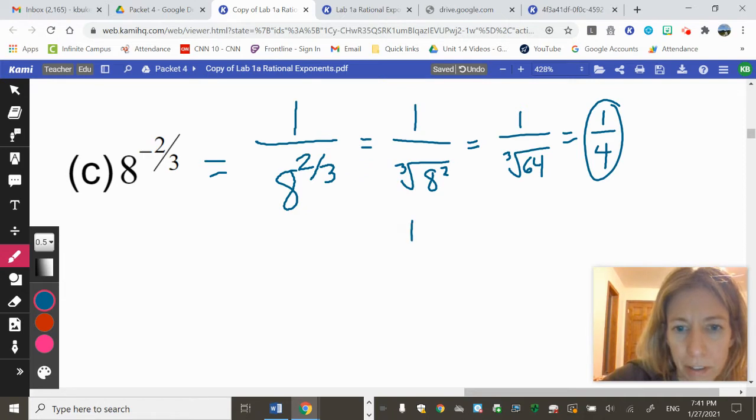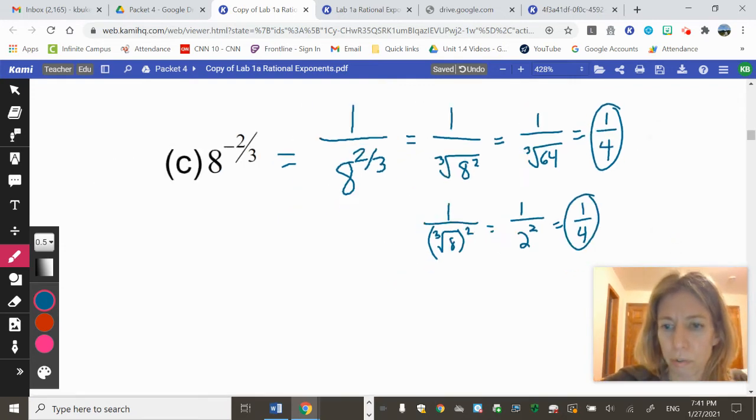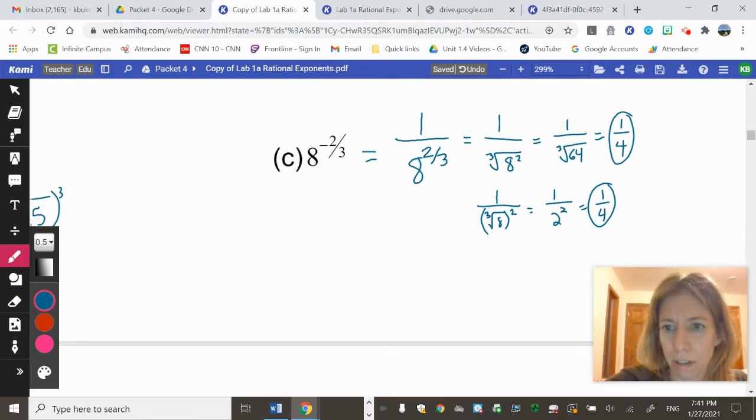Or, maybe a little easier, you can do the cube root of 8 first and then square it. The cube root of 8 is 2, and then 2 squared is 4, giving 1/4. So like I said, the order doesn't matter. You can either do the root first or the power first.